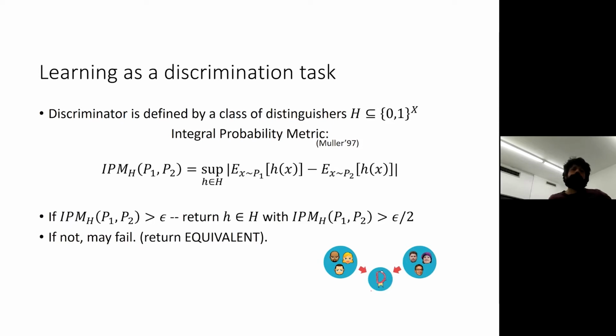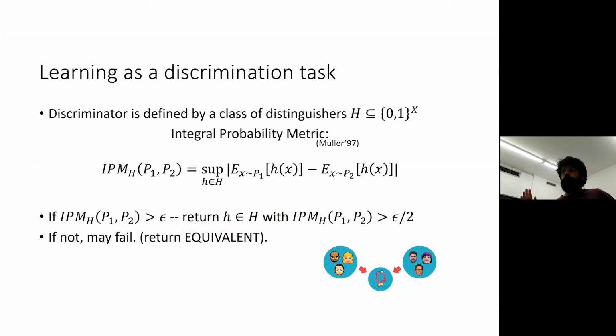So given a class, you would want to construct a discriminator such that if the IPM metric between the two distributions is large, epsilon large, then you want to return a discriminator that does well enough. And if not, then you may fail.